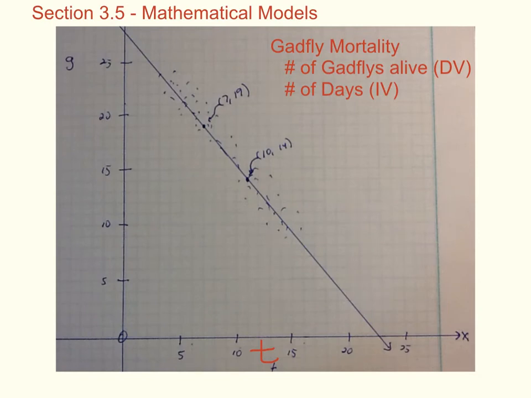The next thing we do, to begin making our mathematical model, we have to take 2 points on that line, and we're going to find the slope. Now, a couple things about using the 2 points. First of all, you see I have graphed the data on engineering paper, and you see the 2 points that I have selected actually intersect at whole numbers, both on the x and the y planes, at 7, 19, 10, 14.